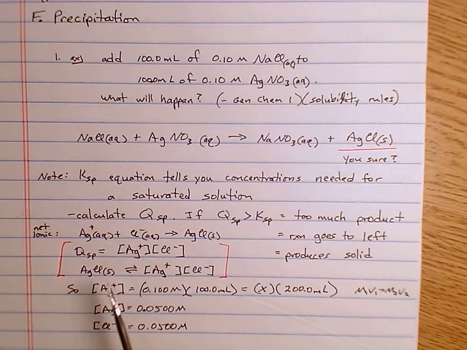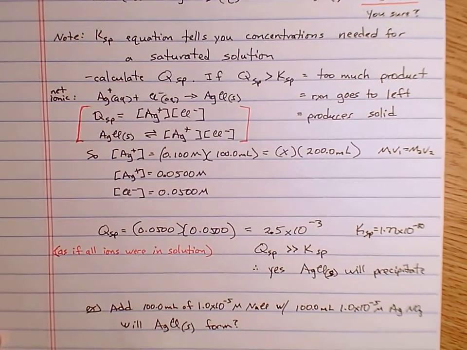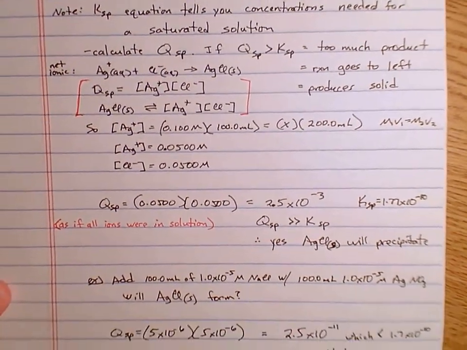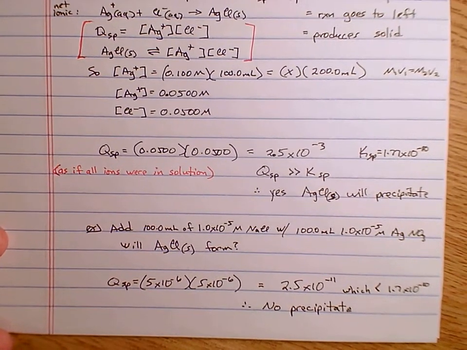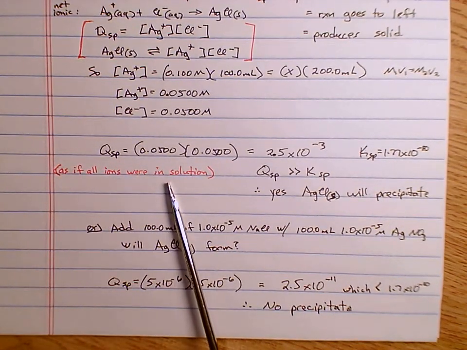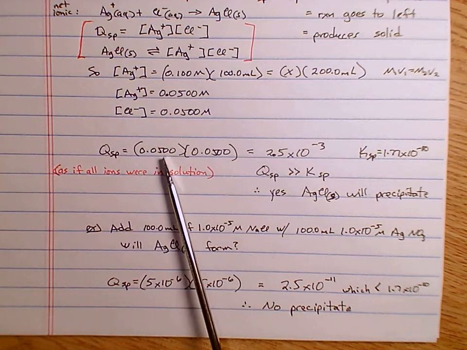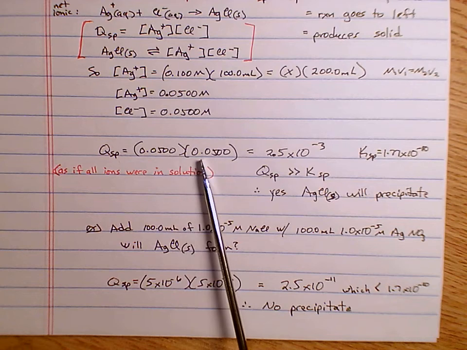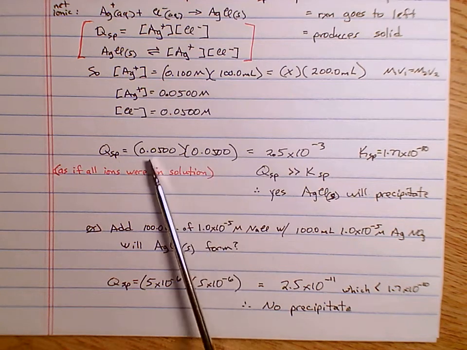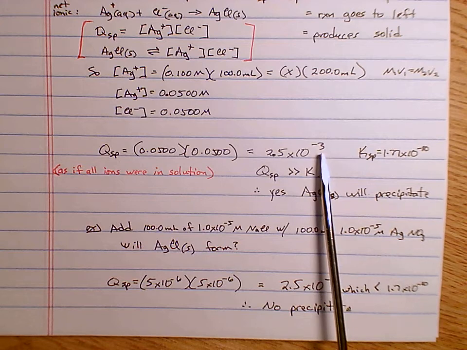So we know when we're calculating our QSP that our concentration of silver is going to be 0.05 molar, and the concentration of chloride also 0.05 molar. We plug those values into our QSP equation as if all ions were in solution. We're going to say, okay, we dumped the ions together before any reaction happened. We had 0.05 molar silver ion, 0.05 molar chloride ion. Do the math, and we get 2.5 times 10 to the minus third as our QSP.